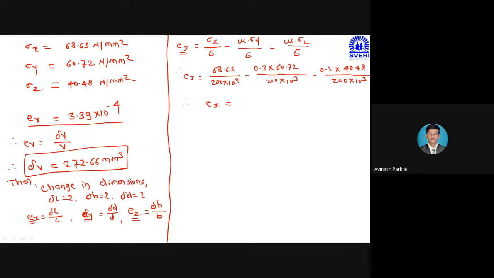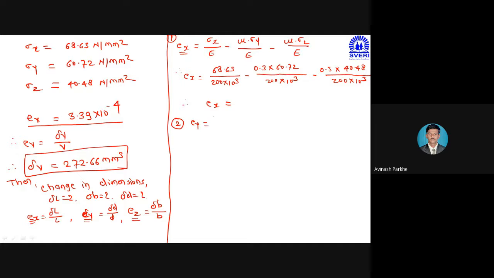Therefore, the first one is a linear strain and it is positive because length increases. In the remaining two directions, forces are not applied, but strain is still developed, therefore these are lateral, multiplied by mu, and that strain goes on decreasing. This is epsilon X, then epsilon Y.